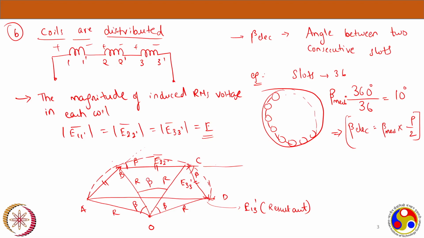Now from the center O, I will try to draw a perpendicular onto my resultant which I want to calculate. Now I will mark this point as M. I have drawn a perpendicular OM. Now let R be the radius of the circle and OM be the perpendicular. Now I want to calculate this entire resultant in terms of R. So that will be pretty easy. Now if you see here, I guess what is this?